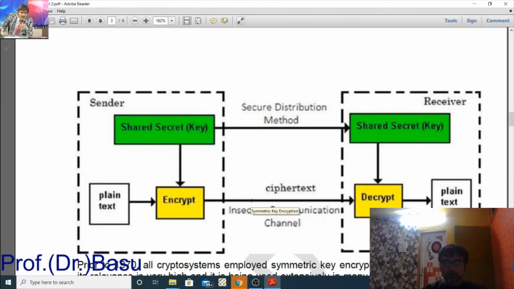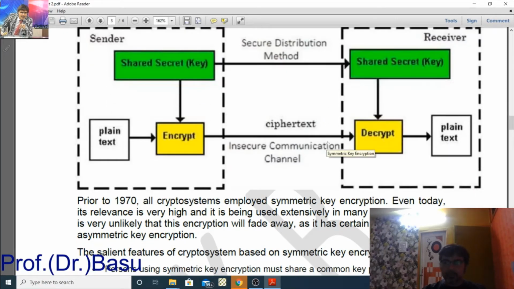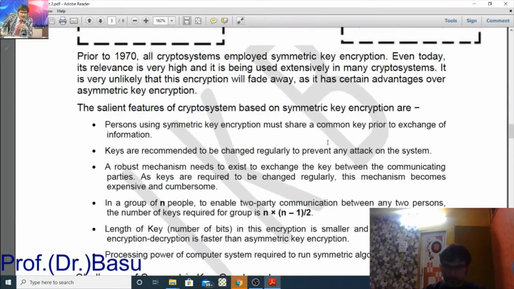Here is a very beautiful block diagram and the secured distribution method. This is the plain text and shared secret key encryption. This is the symmetric key encryption technique where sender and receiver agree on the same key for encryption and decryption.